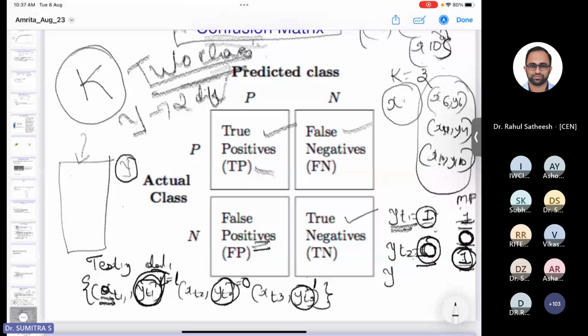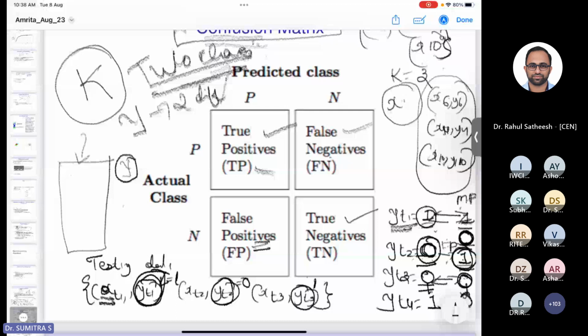True negative means, for example, YT3 is 0. It belongs to the negative class, and the model is also predicting 0. So it is a true negative. Both the given value and the prediction are correct. Then false negative, for example YT4: actually it is 1 and the model is predicting it as 0.